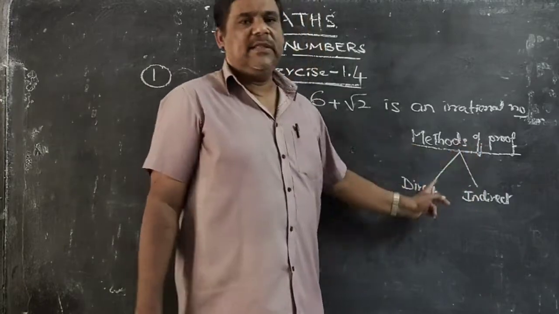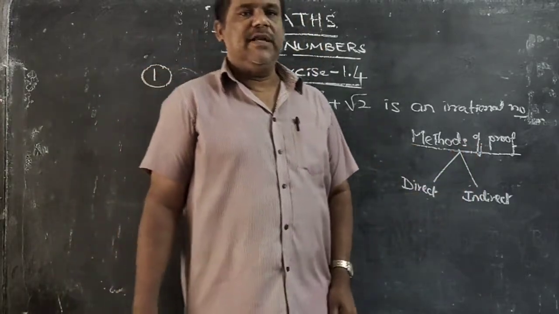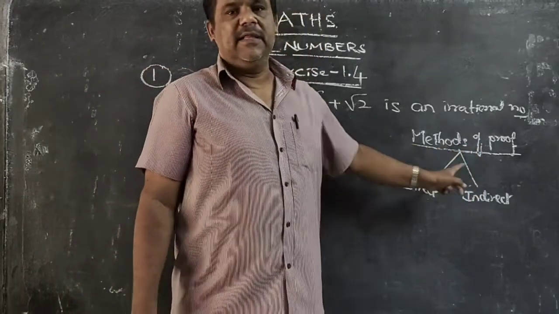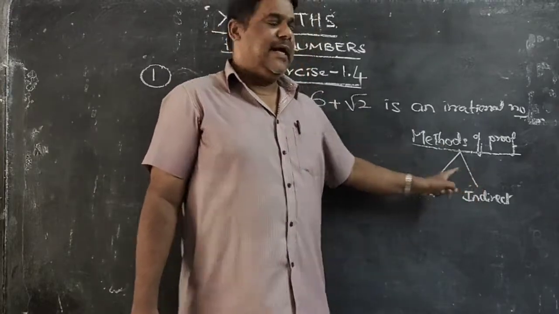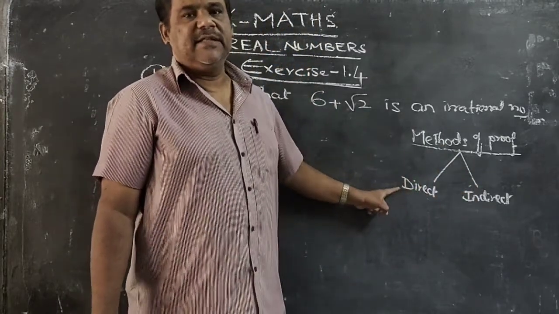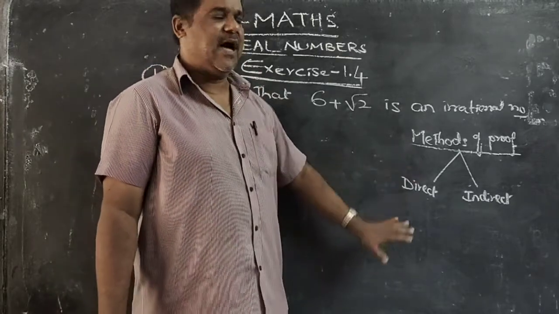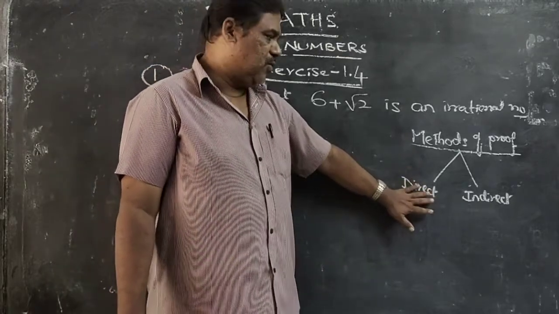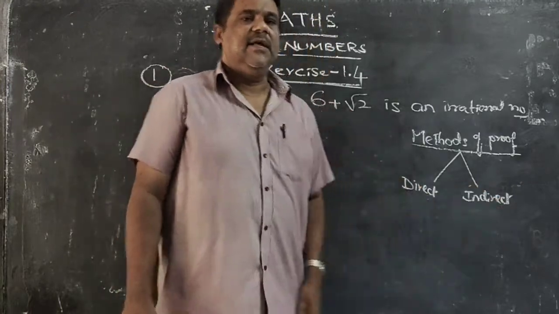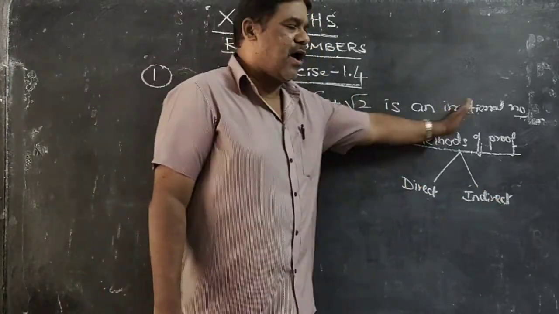So there are two methods to prove a statement. One is known as direct method, the other is known as indirect method. In direct method, we will take the given condition and through logical sequence of steps, we will get the answer. Now in indirect method, we will suppose that the answer is wrong.